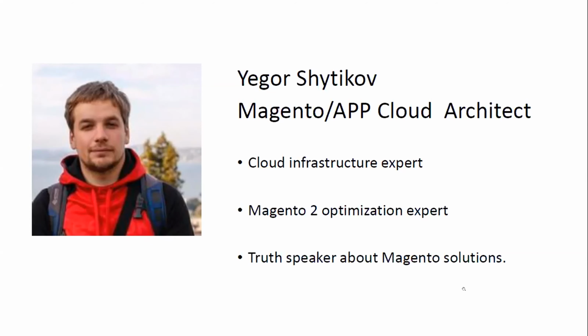Let me show you how to build a good cloud for Magento using the best cloud practices. First of all, I will tell you about this repo. Just my man, share your screen, please.